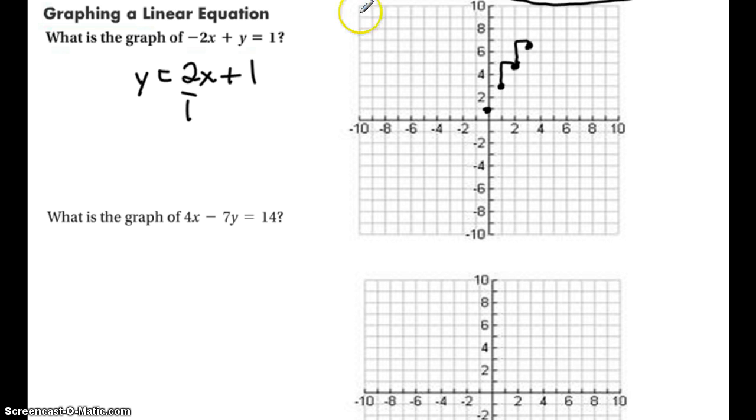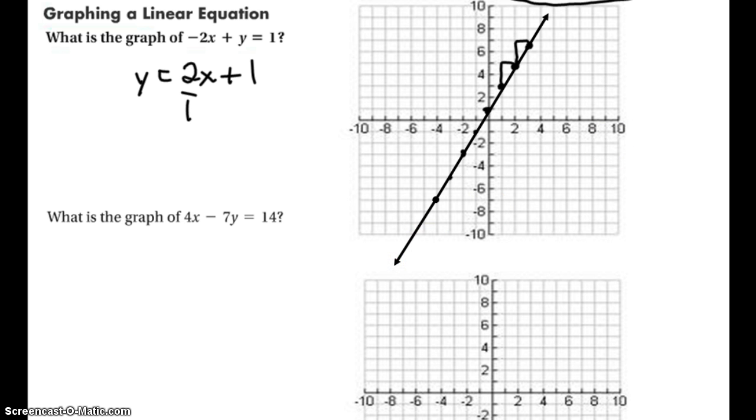So I'm going to go ahead and draw my handy dandy little line. Just for giggles, we could have also gone down 2 over 1, down 2 over 1, and then down 2 over 1, again keeping that linear form. Here is our linear line, and I'll extend this off a little bit.